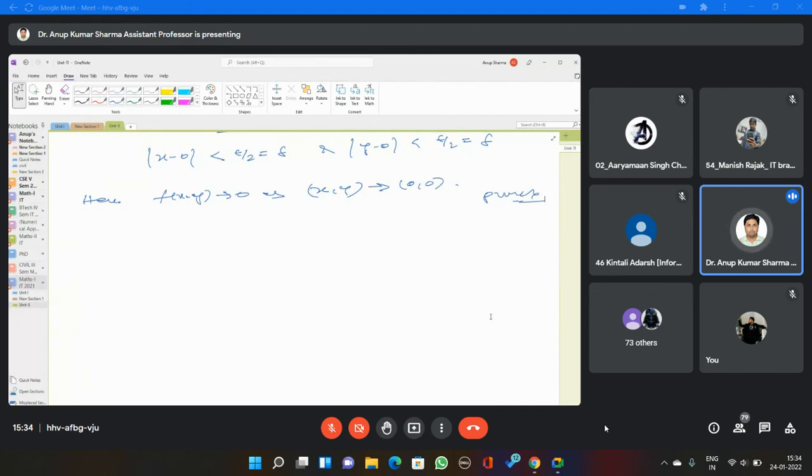So what you do, you choose any path, because we know that if the limit exists, then this limit is independent of the path along which we approach the point, like (a,b) or (0,0).